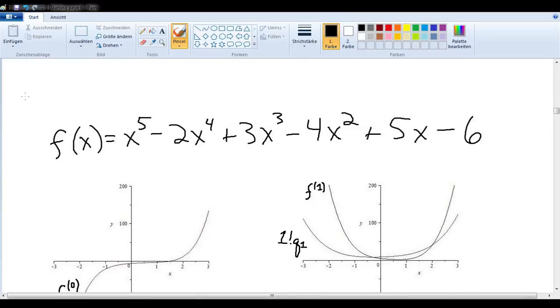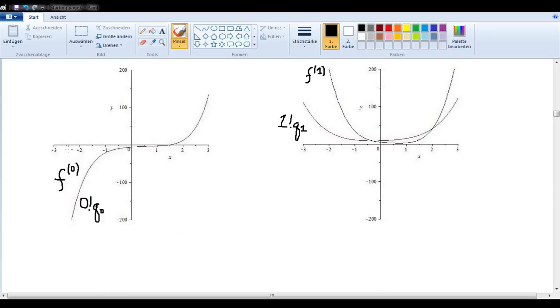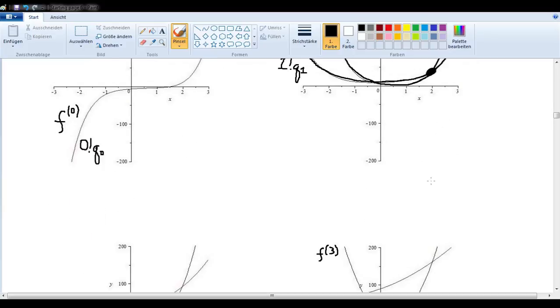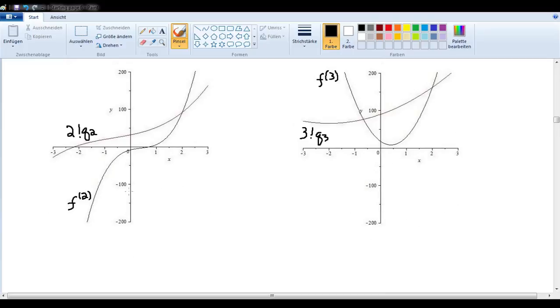This is our function, and if we take a look at these graphs here, we'll start with the first derivative. This is the one that we looked at in the last video, and we see that f1, or the first derivative rather, has this graph, and q sub 1 multiplied by 1 factorial has this graph. And again, we saw this in the last video, and they cross at the point that we're interested in. If we look at the second derivative and 2 factorial times q sub 2, again they cross exactly at the point we're interested in.